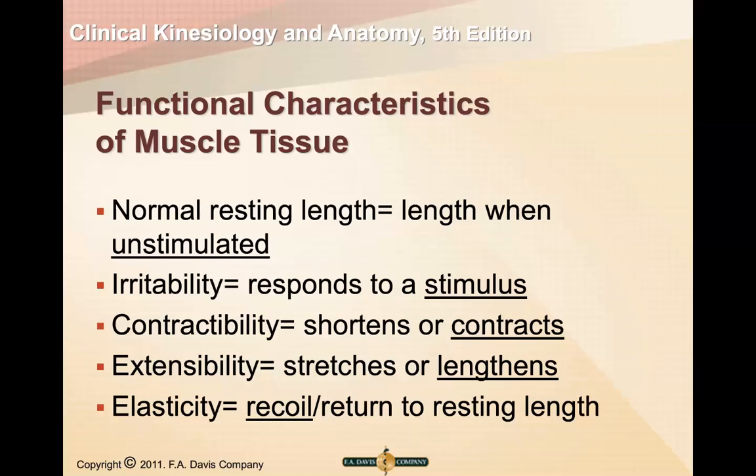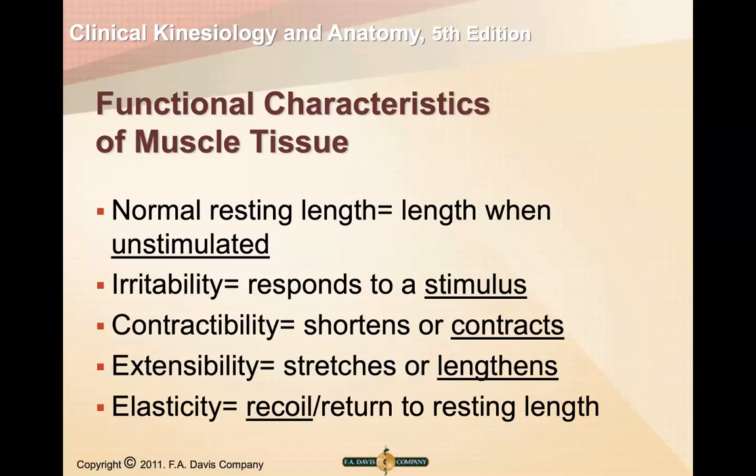Irritability of a muscle just means that it responds to a stimulus. It could be responding to pain or to cold or to touch, more like a reflexive contraction. Contractility of a muscle just explains its shortening. So whenever we contract a muscle concentrically, we're shortening the muscle belly.